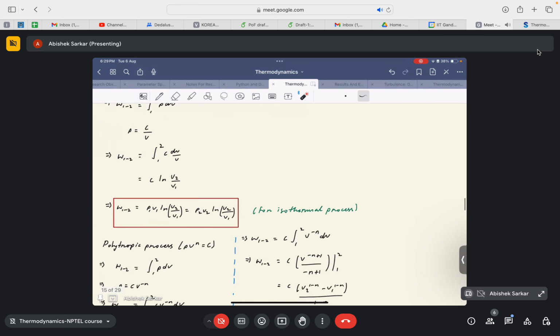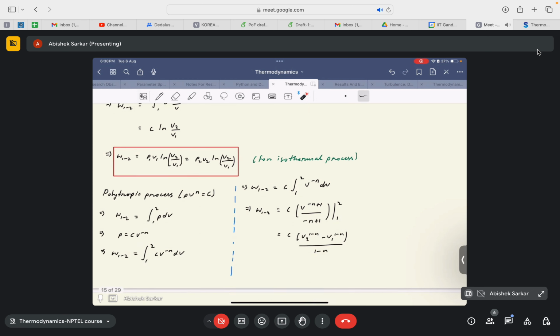Since PV equal to C would imply P1V1 equal to P2V2 equal to some constant, we can also write work done from 1 to 2 as P1V1, which is basically C, into natural log of V2 by V1, or P2V2, which is also equal to C, multiplied by natural log of V2 by V1. So this is the expression for work done for an isothermal process.